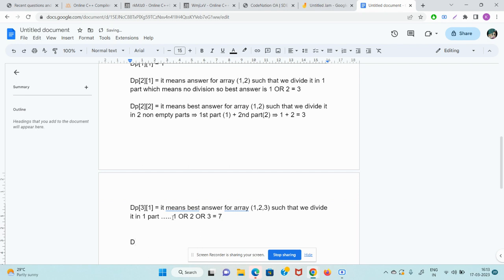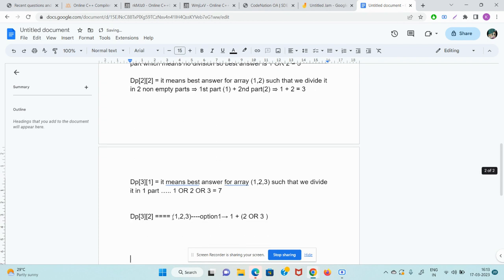What is the answer for dp[3][2]? Now you have the choice to divide this into two parts. Option 1: you can do 1 plus 2 OR 3. Option 2: 1 OR 2 in the first part, and 3 remains like this.